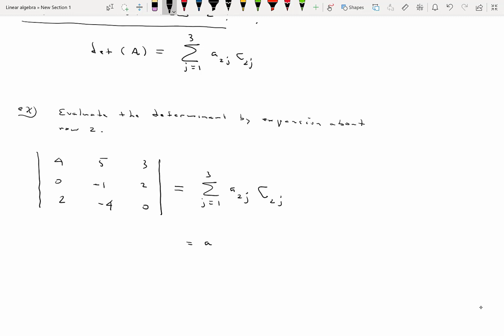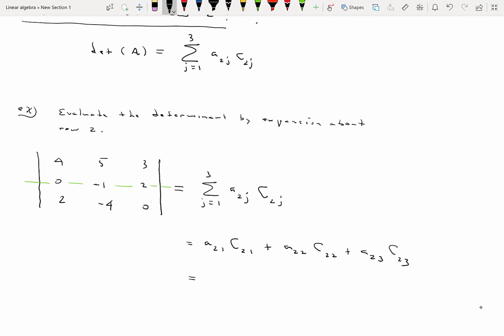It looks like, when j equals 1, A21 C21, plus j equals 2, A22 C22, plus j equals 3, A23 C23. Okay, and that common 2 in the first entry of the subscripts corresponds to having that solid green line that never moves through the second row, expansion about the second row. Why would I do that? Well, let's keep moving with this.